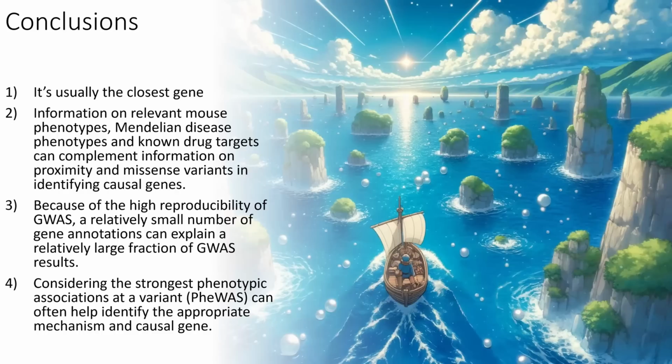There are 500,000 associations in the GWAS catalog, but as we'll hear about, the same genes come up over and over again, and so you don't need a huge list. I've got now 1,700 of these rules that can explain about 20% of all of those. And this last point here, I do hope that we move more towards thinking about annotating the PheWAS.